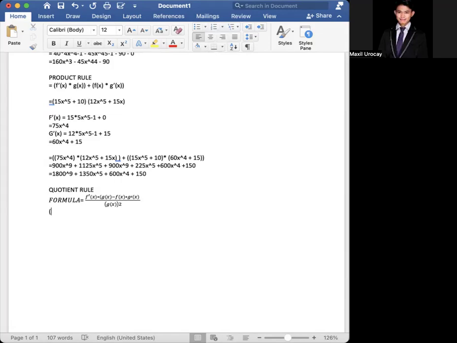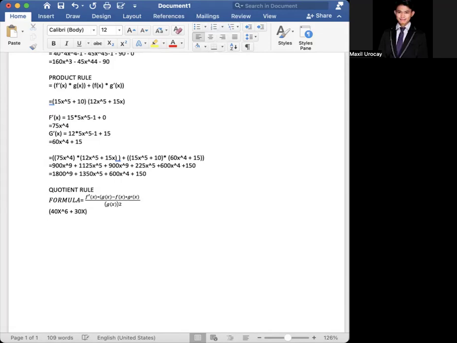40x to the power of 6, for example, then plus 30x.